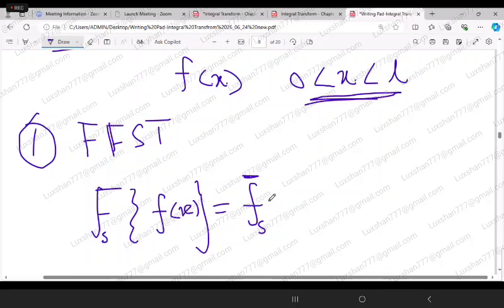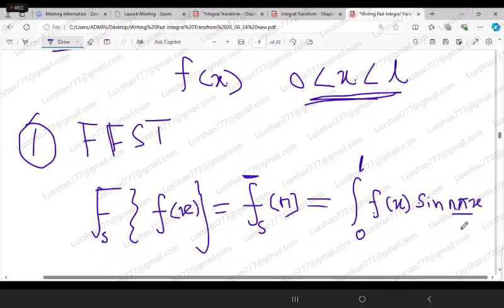Since it's a finite one, here we are putting n because we are going to have the function in n. It is defined to be the integration from 0 to L of fx into sine n pi x over L dx. Okay, dx, because we will get the answer in n.